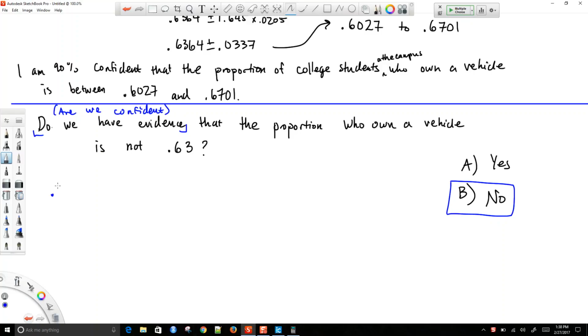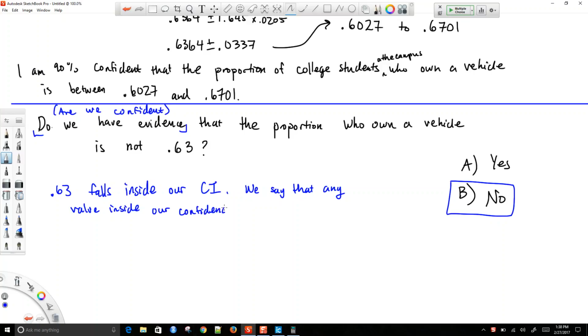The way we answer this is we say, well, 0.63 falls inside our confidence interval. What that means is that any value inside our confidence interval we deem a plausible value of P. So 0.63 is a plausible value of P. That means we do not have evidence that it's not 0.63.